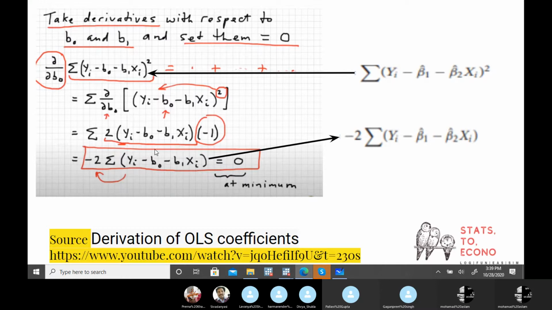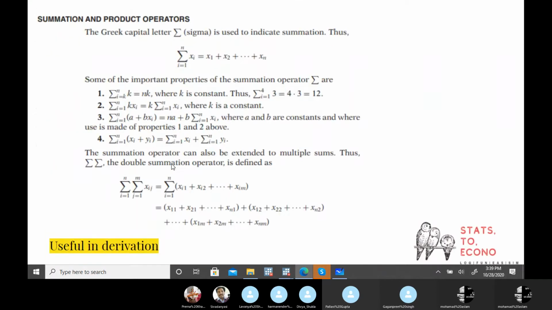Now, you multiply this with -1, this is a constant term. Keep the constant out of the summation. This is a summation property, that if you have one constant term and one variable, you can keep the constant outside the summation, and inside the summation only the changing variable.